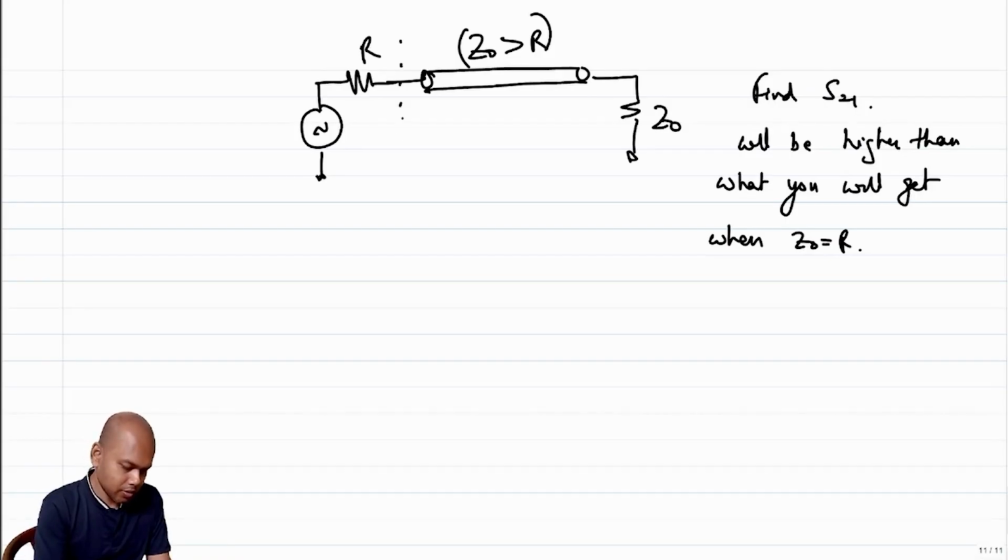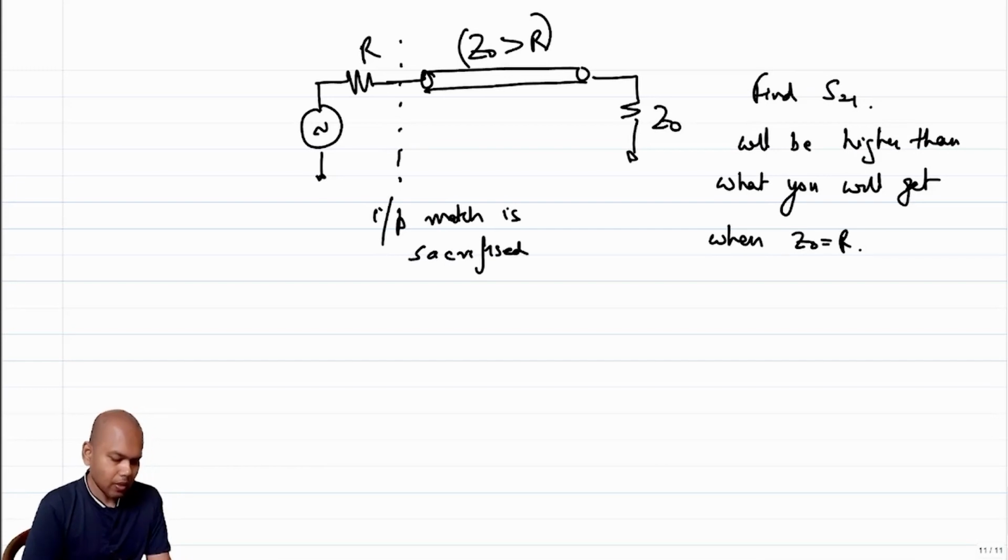Input match sacrificed, right? So sometimes you have to be careful: you might get a larger S21, but then you also have to go back and do a sanity check of S11.